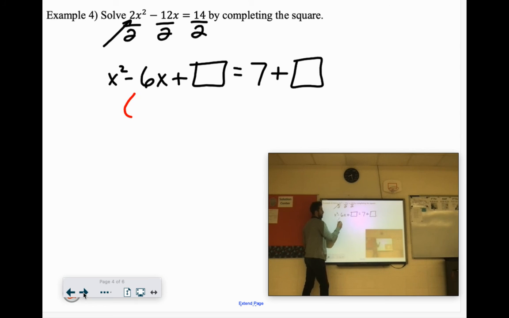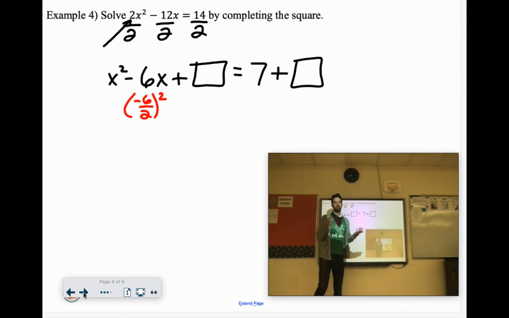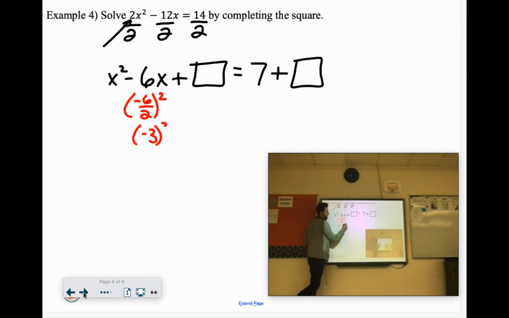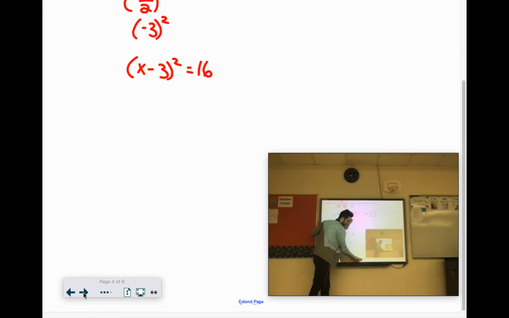We'll take our b, divide by 2, and then we'll square it as well. Negative 6 divided by 2 is negative 3, which this will factor to x minus 3 squared. Negative 3 squared is 9. 7 plus 9 on the right side gives us our 16. Okay, all right. Let's square root both sides. Why not?